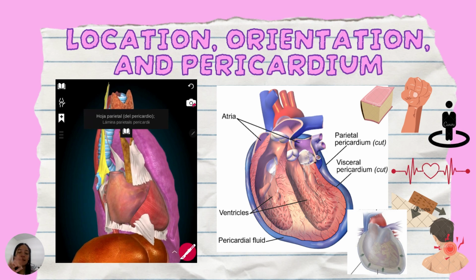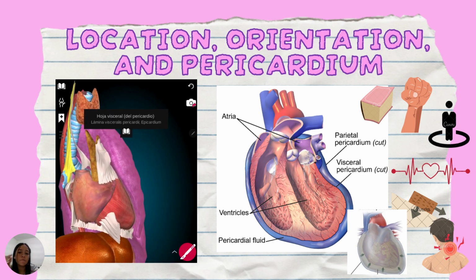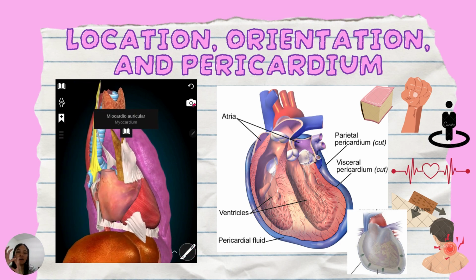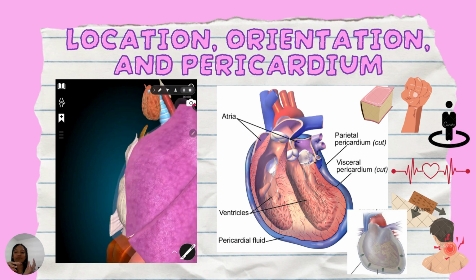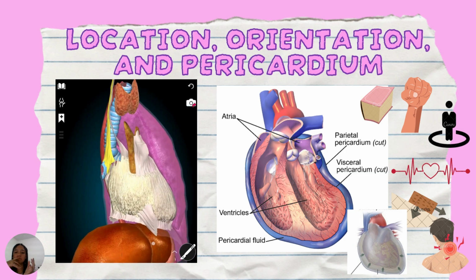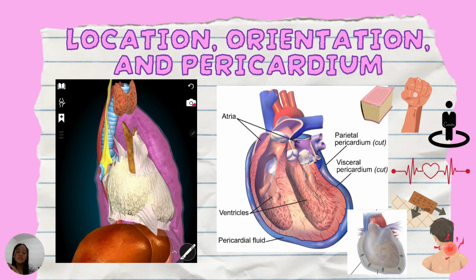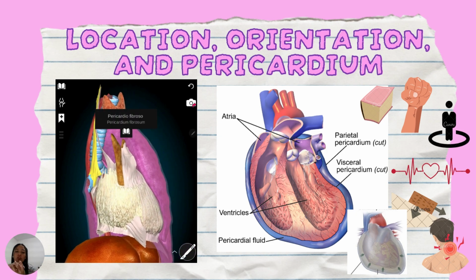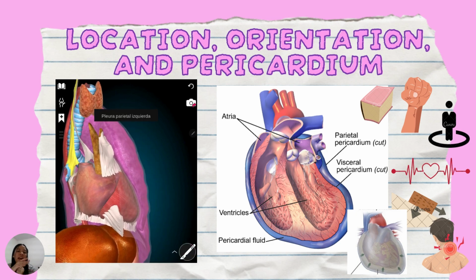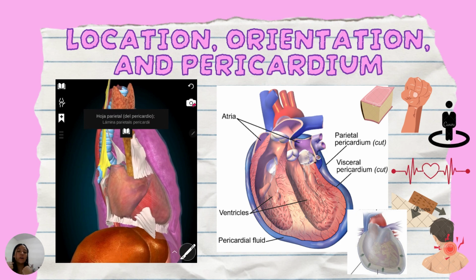Between them lies a space with a thin film of pericardial fluid that acts like a lubricant, so that the heart does not create friction and inflammation when it moves.